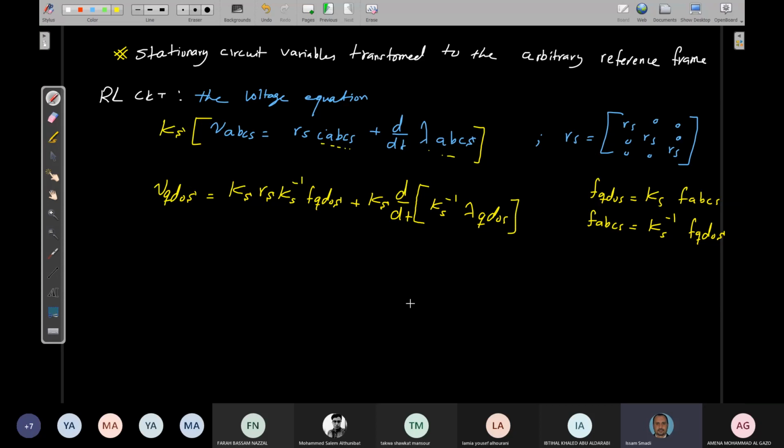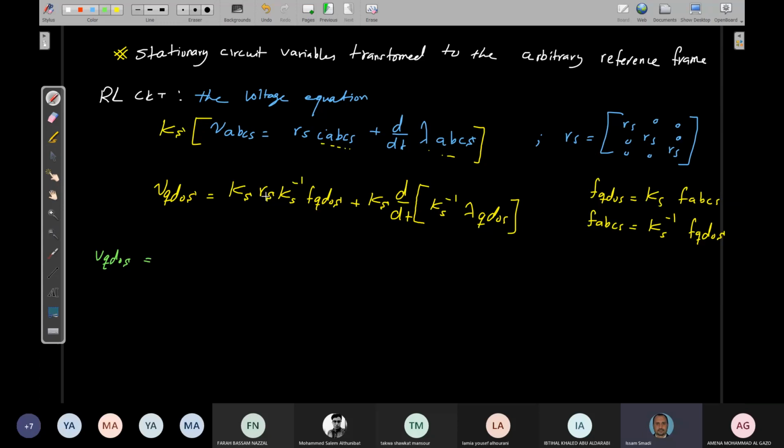Now, we know that Ks is a function of theta, so it's a function of time. So I need to evaluate this one as a chain of rule. So now VQD0S will equal.